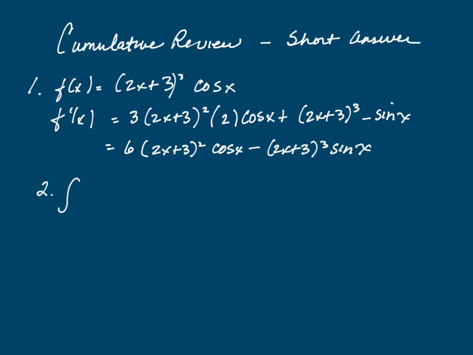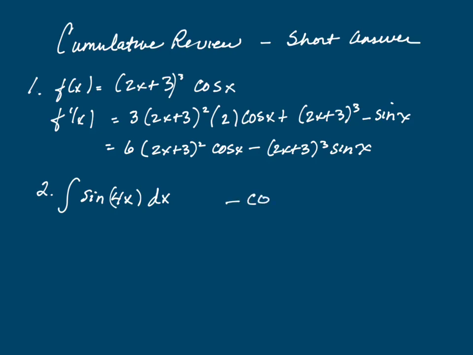It was the integral. I love how this goes back and forth between integration and derivatives, because that's how the test will be. You have to keep that in your mind, going back and forth. Okay, so the integral of sine would be negative cosine.